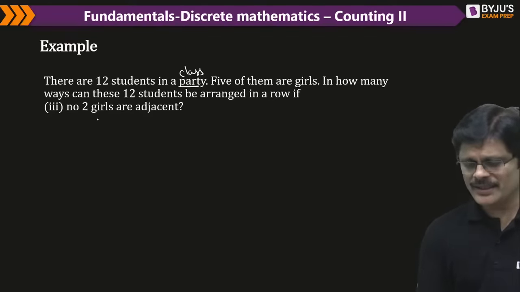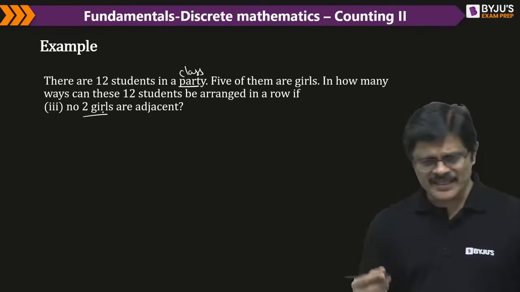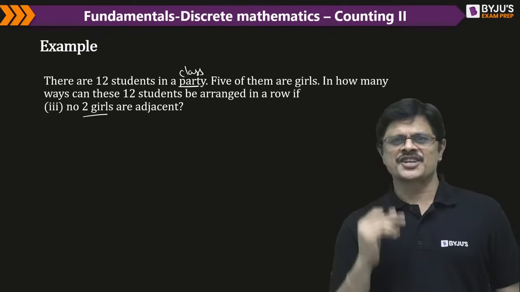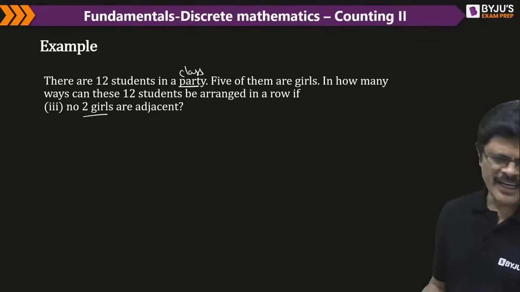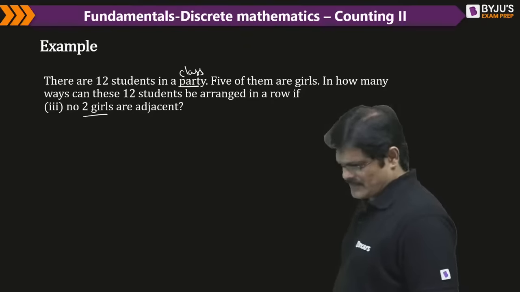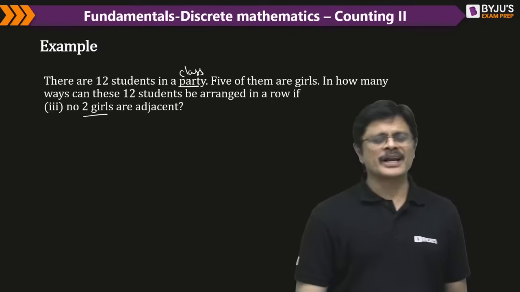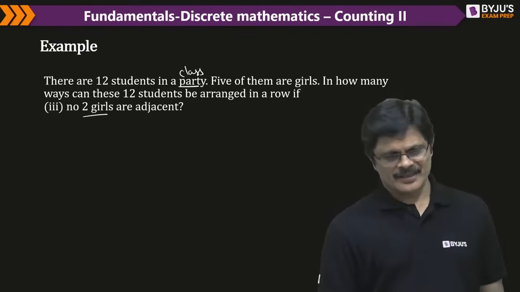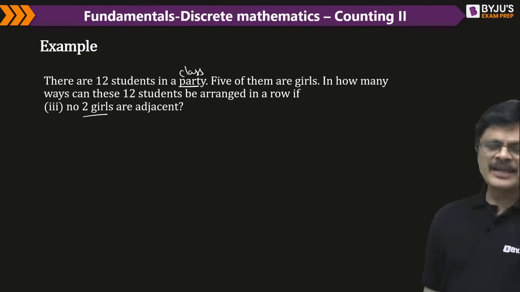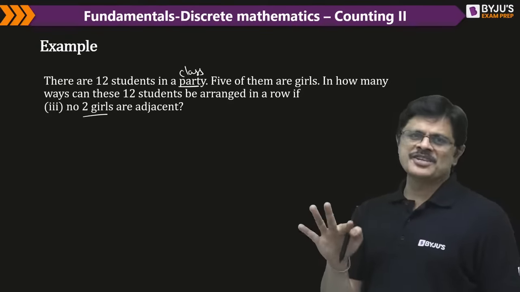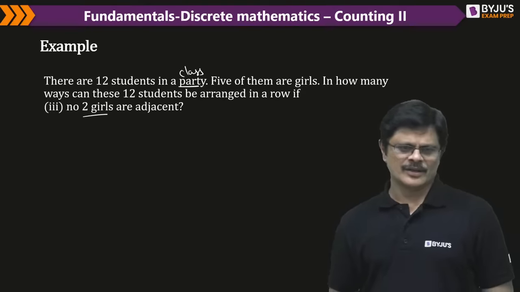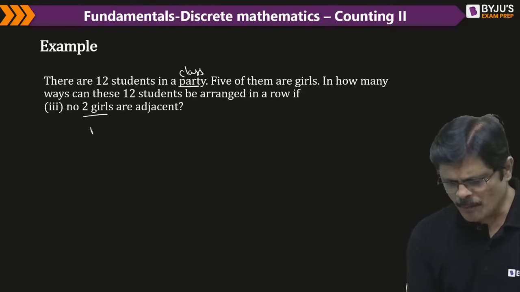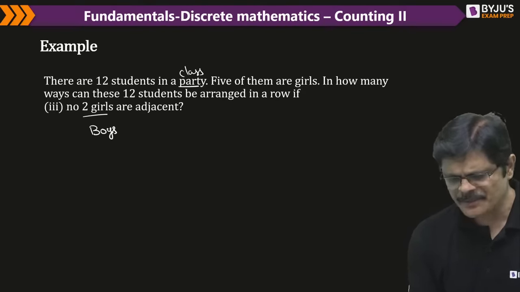So when you want no 2 girls to be adjacent, who are not having any restriction? In this problem, on whom is there no restriction? On boys. So boys do not have any restriction.